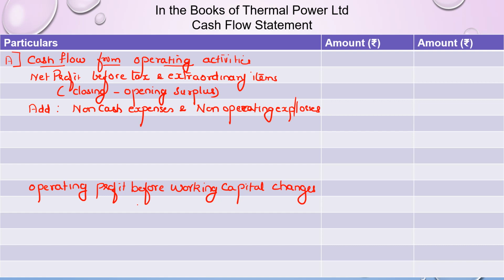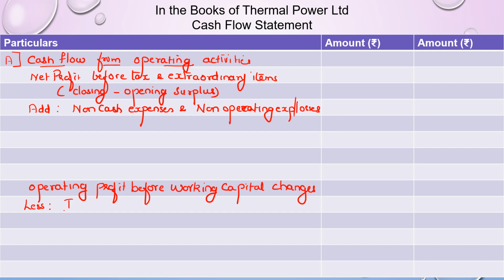To this, you would add and subtract the working capital items. From the reading, what did we understand and note down? Most of the items related to trade payable, trade receivable, inventory, all of those were short-term provisions, all subtract. So I would just write the subtract part. What is subtracted?